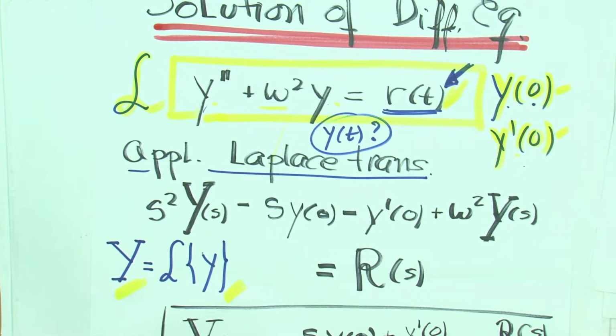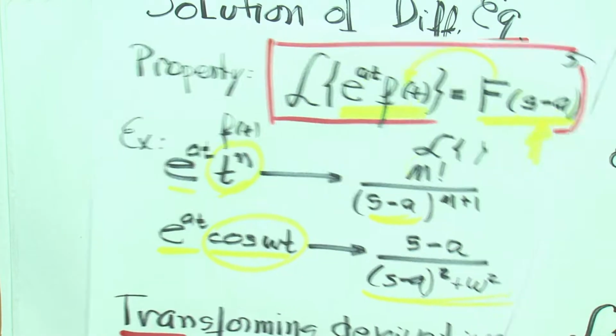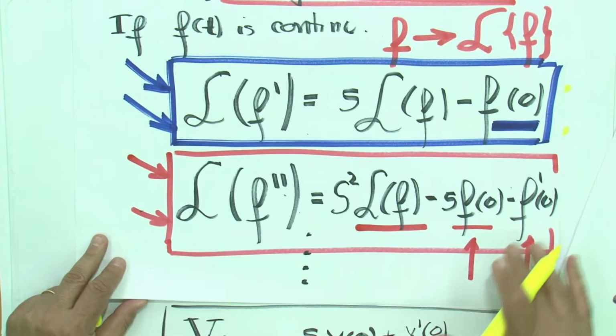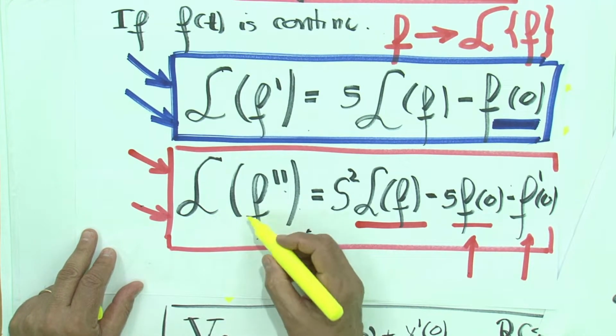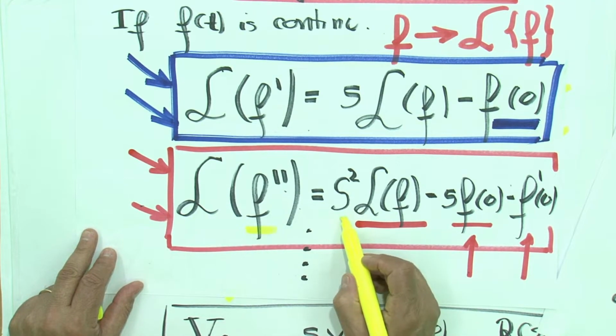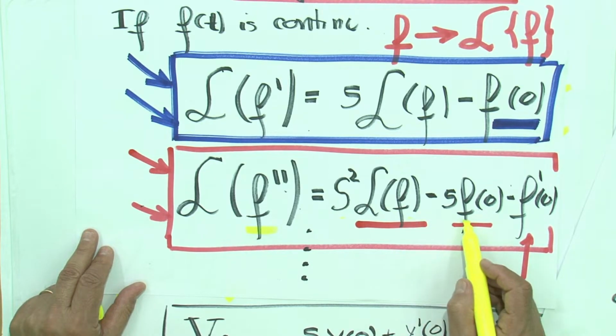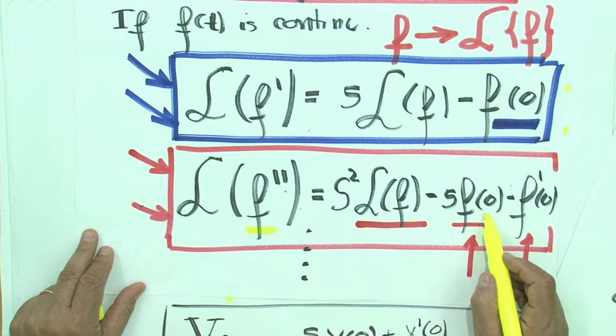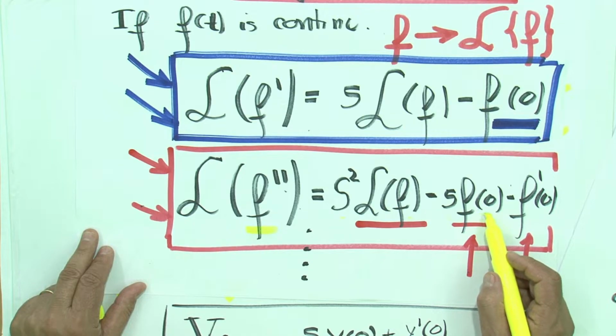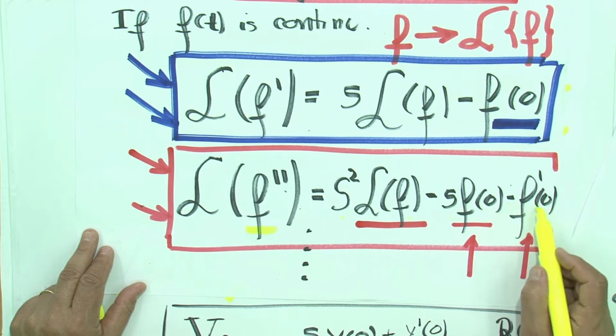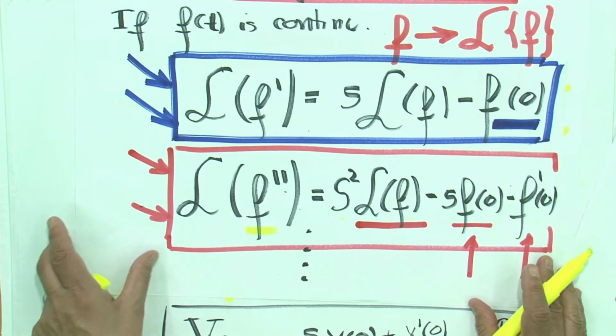But we learned before that the Laplace transform of the second derivative of a function is s squared times the Laplace transform of the function minus s times the initial value of the function minus the initial value of the first derivative.